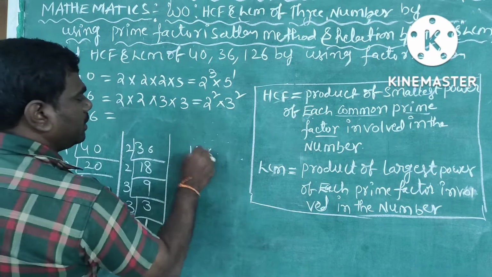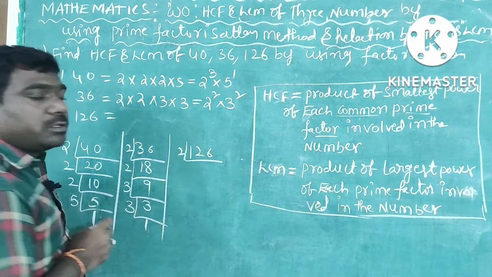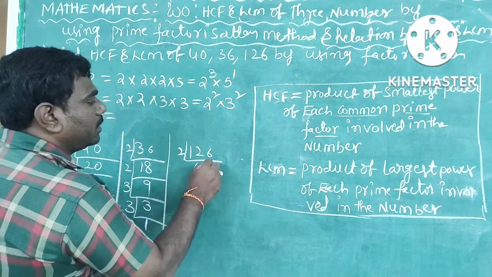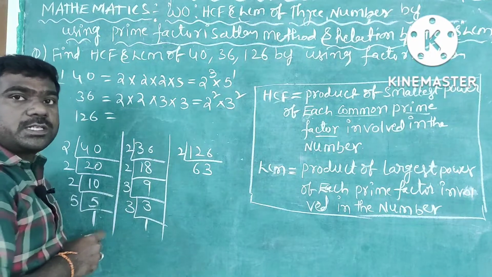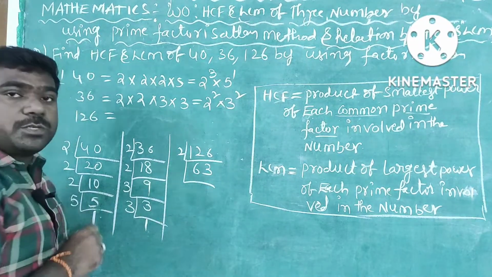126. So take the smallest prime number, that is 2. 126 is divisible by 2, we get 63. 63 is not divisible by 2.